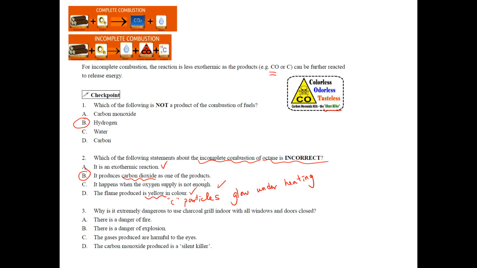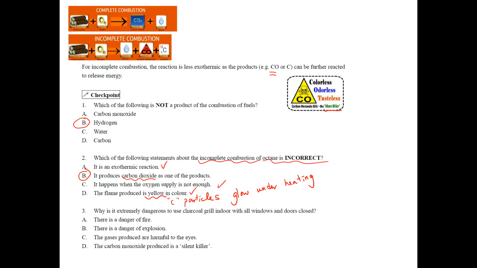why is it extremely dangerous to use charcoal as a grill indoors, with all windows and doors closed? So why is it dangerous to do so when you are burning charcoal? If you close doors and windows, there will not be enough oxygen.